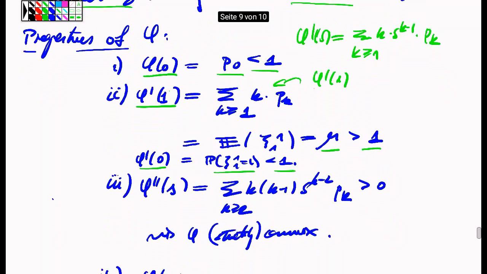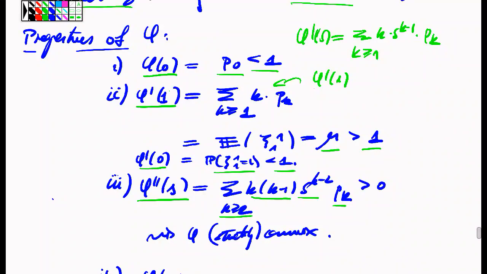And finally, we compute the second order derivative of this function phi by a similar computation as above. It is the sum over all these s powers, when k is greater or equal to 2, of k times k minus 1 times s to the k minus 2 times pk.